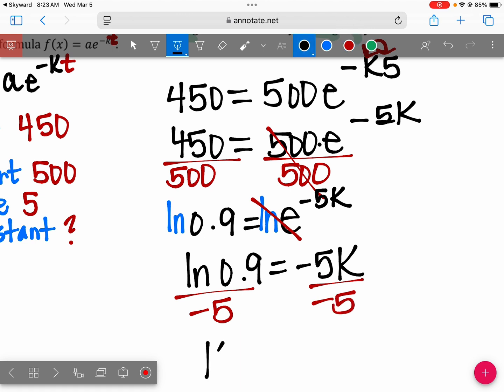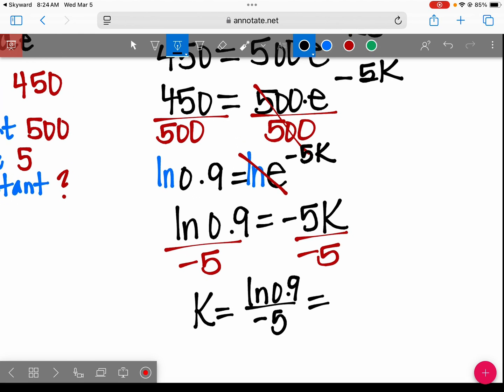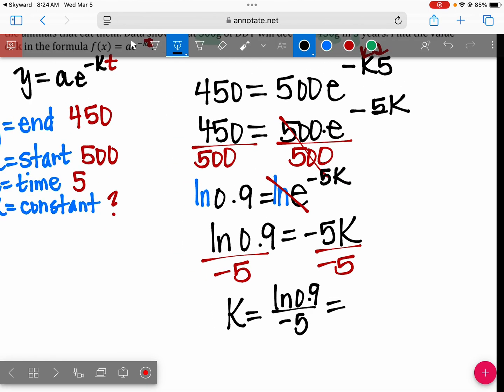So k equals the natural log of 0.9 divided by negative 5. Go ahead, type that in your calculator. Now, I had a couple students who were getting the wrong number first period. My recommendation is you use the fraction button. The button in the third row that says N over D. Use that button.